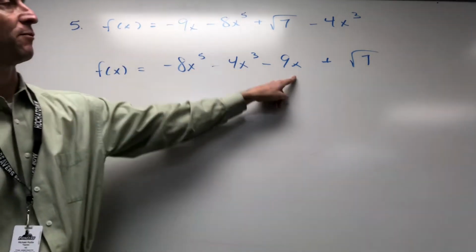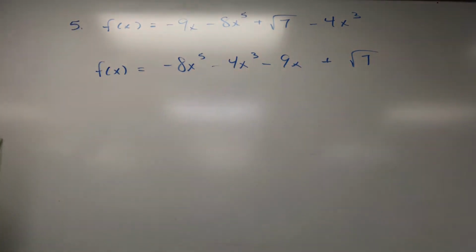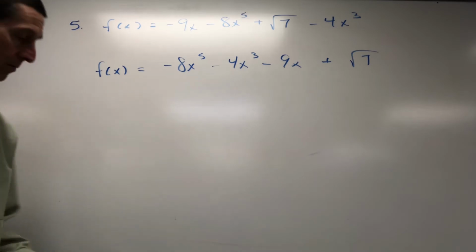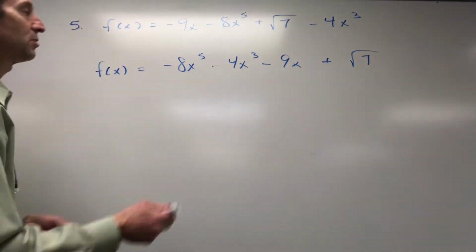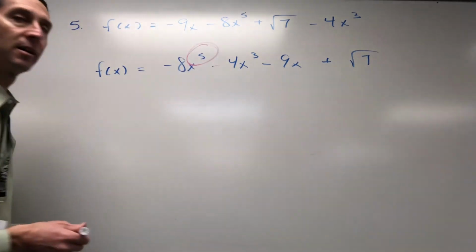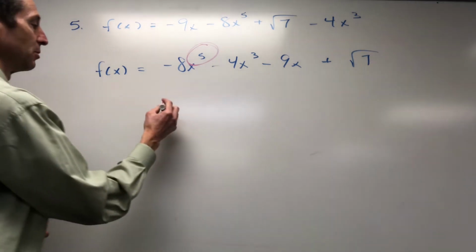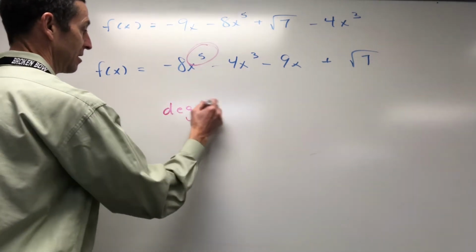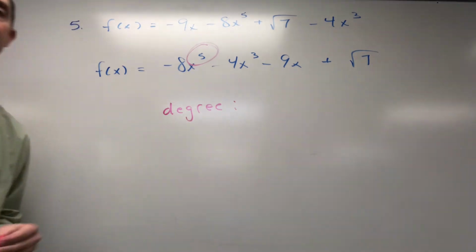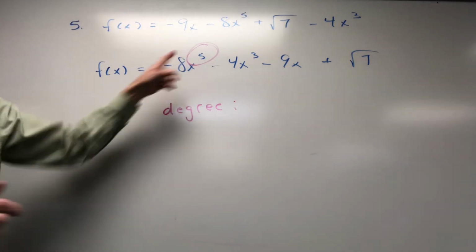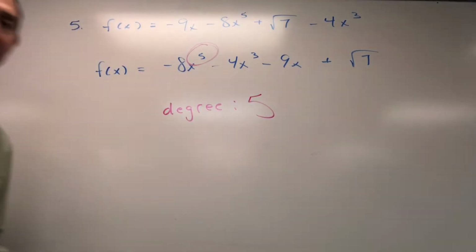Fifth power, third power, first power, no power at all. That puts it in descending order. And what we're doing now is we're saying, okay, to find degree, it's based off my largest exponent. So when asked the degree of the function, you're like, oh, degree, it's 5. Degree 5. So that's how we find that.